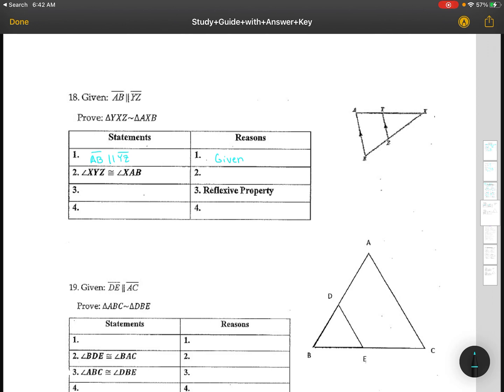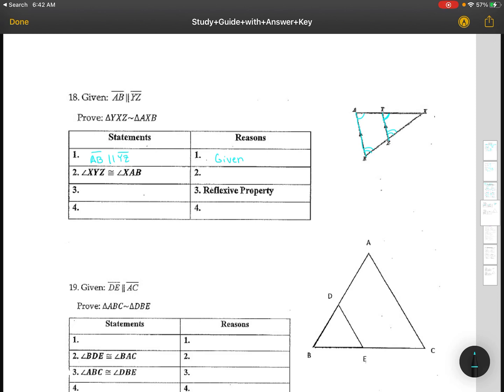I would just like you to label the diagram with the information that you know. So because AB is parallel to YZ, what that means is angle A and angle Y are corresponding angles, and angle B and angle Z are corresponding angles.